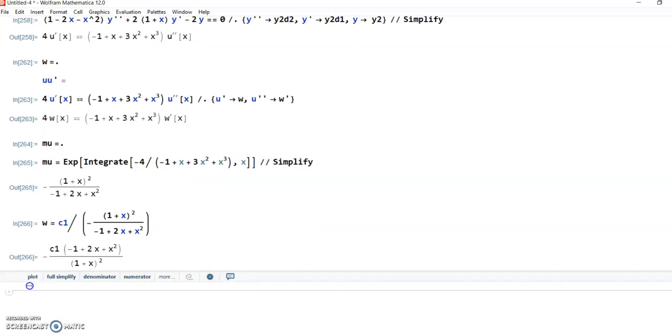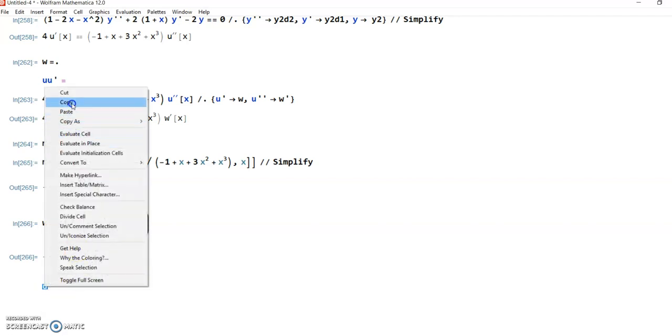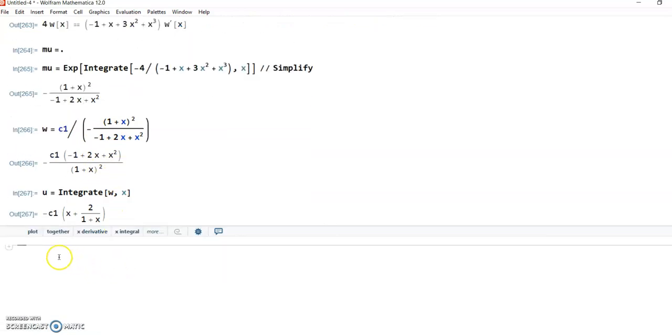And from w we can find u by the integration of w with respect to x. Okay, so this will be the u, and from u we can find y2, because y2 is equal to y1 times u.